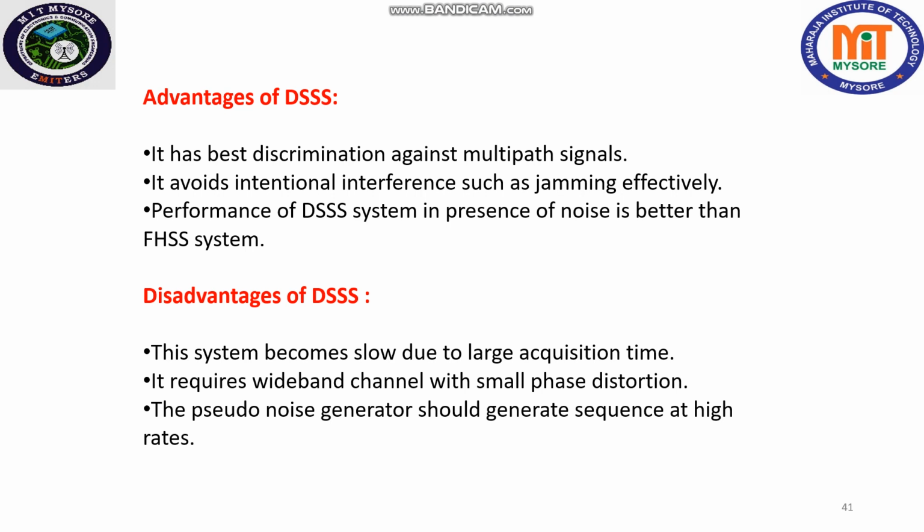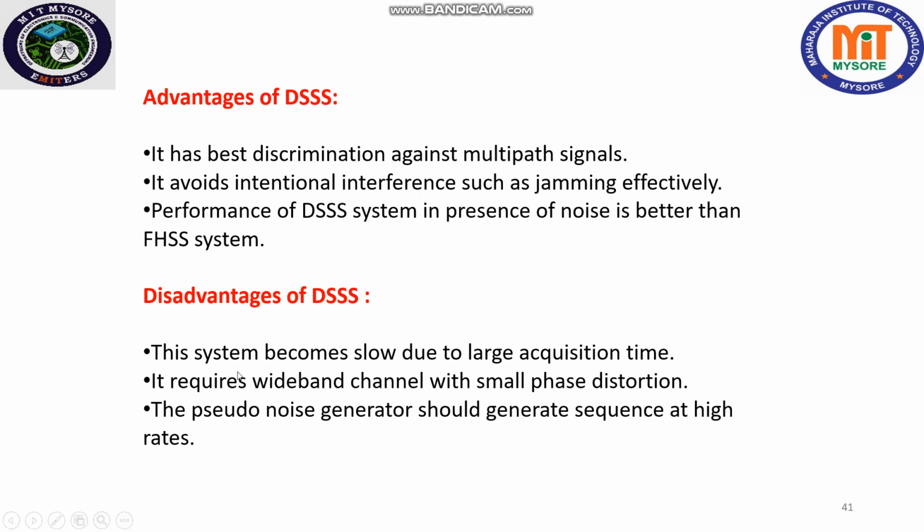Thereby, direct sequence spread spectrum has a limitation in generating high rate pseudo random codes. This is the basic disadvantage of direct sequence spread spectrum. So to overcome this, we go for frequency hopping spread spectrum.